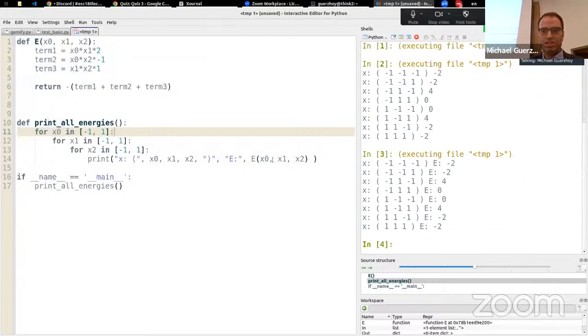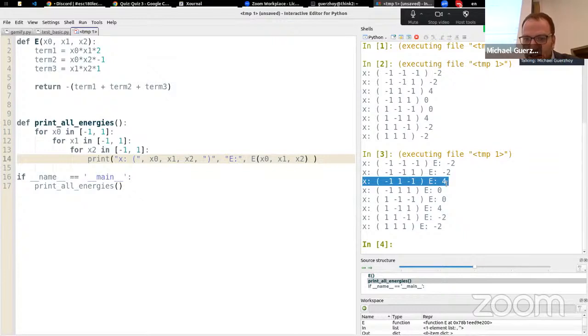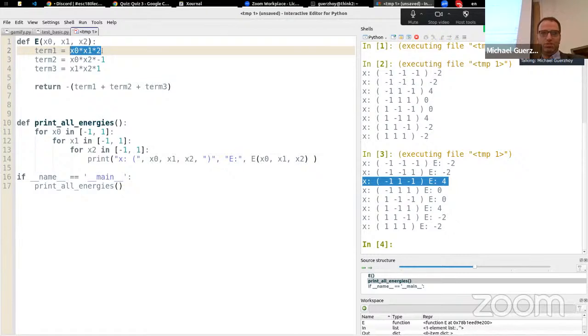So here I'm saying E x0. Sorry, I'm a little bit confused by what's going on here. Just 1 second. So here we're saying E is x0, x1, x2, and term 1 is x0, x1, x2.